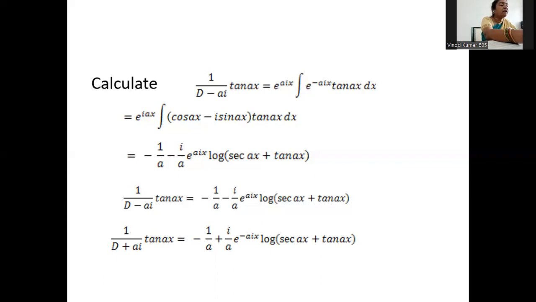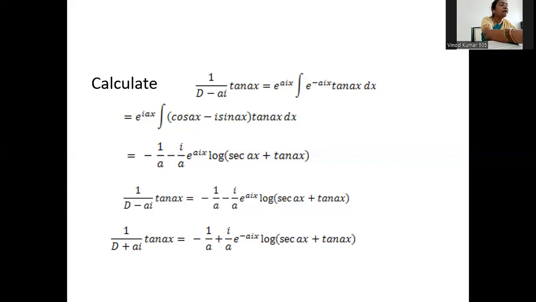And 1 by (d plus ai) on tan ax is equal to minus 1 by a plus i by a e to the power of minus iax log mod secant ax plus tan ax. My particular integral consists of the difference of 1 by (d minus ai) on tan ax and 1 by (d plus ai) on tan ax.